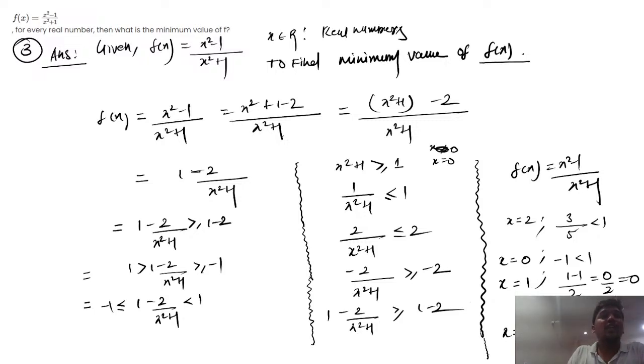So in the next slide, what can we write? Can we write like this? Our f of x is greater than or equal to minus 1 and less than 1. And f of x is what?